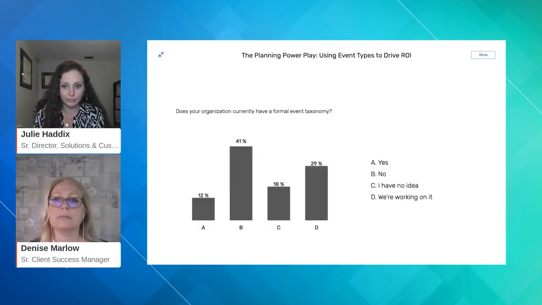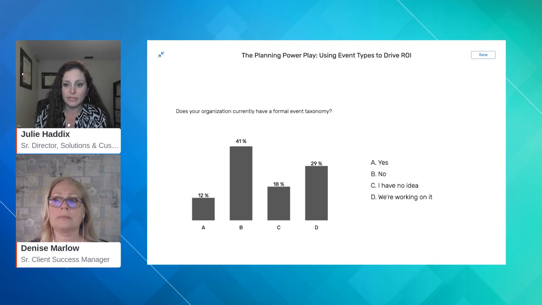Awesome. Thank you, Denise. So we had also opened up the poll for everybody to take. If you haven't had a chance to navigate over to that poll tab, I dropped into chat that it was open. Our poll was, does your organization currently have a formal event taxonomy?